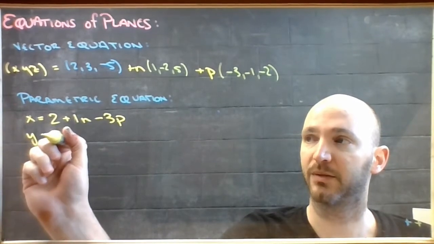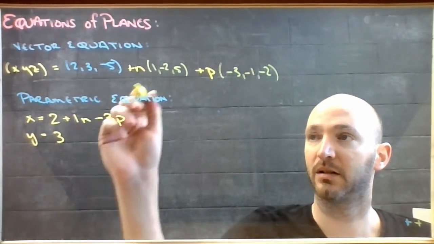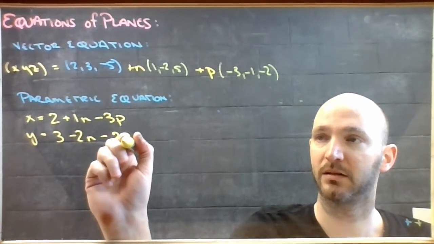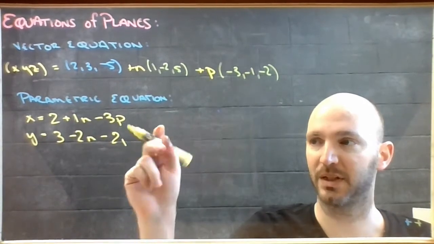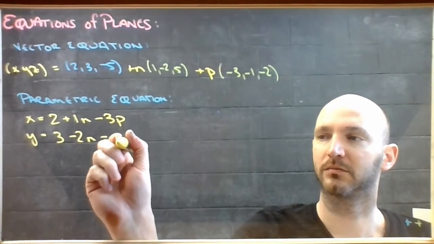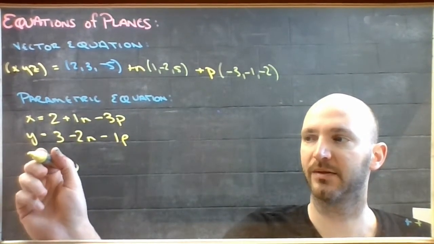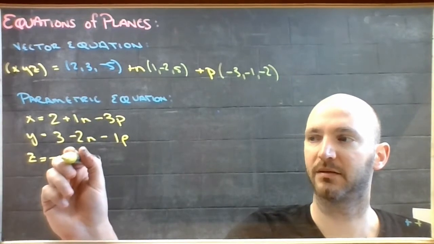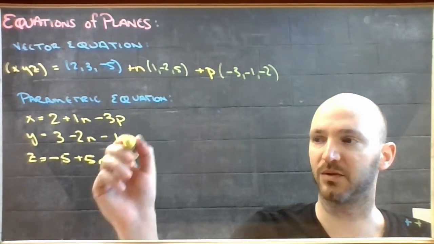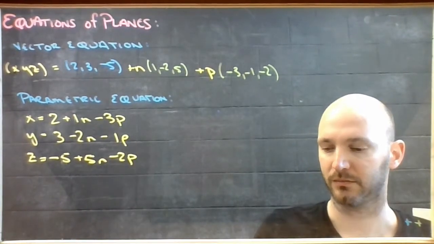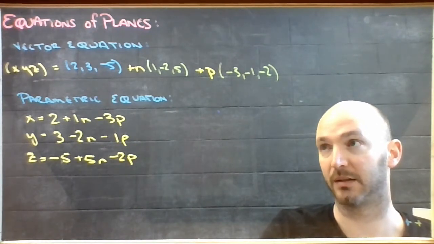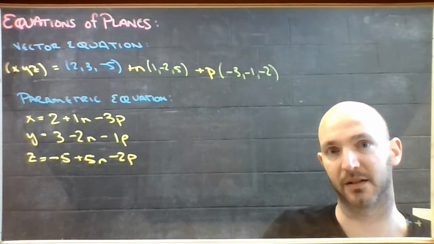The y values would be 3 minus 2n minus 1p. And the z values would be negative 5 plus 5n minus 2p. So there's two equations for this particular plane that I developed just randomly on the board.